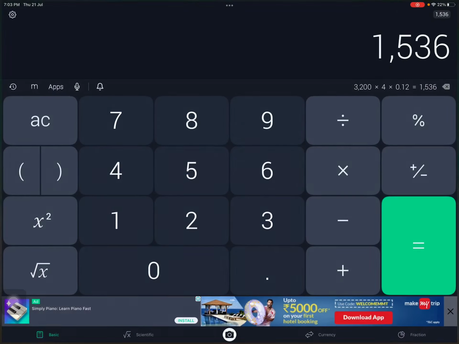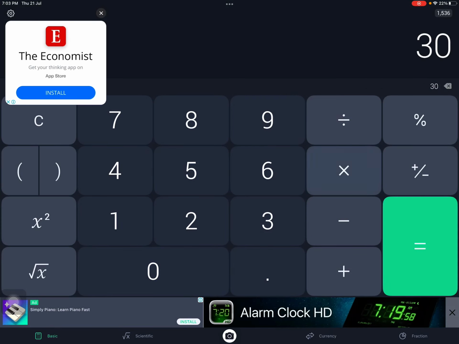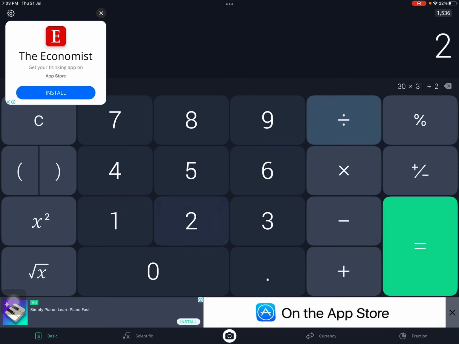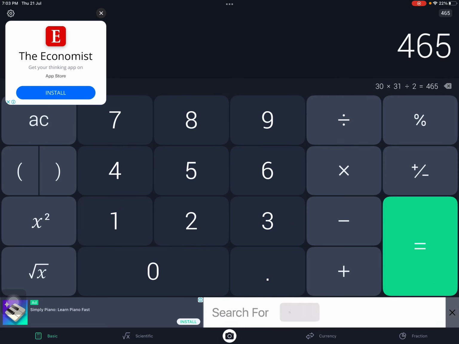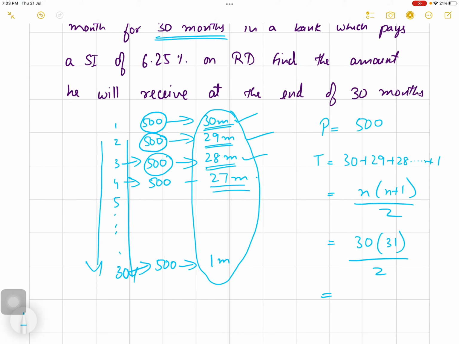So let's calculate this: 30 into 31 divide by 2. It comes to 465 months. So he will be receiving interest on 500 for 465 months.